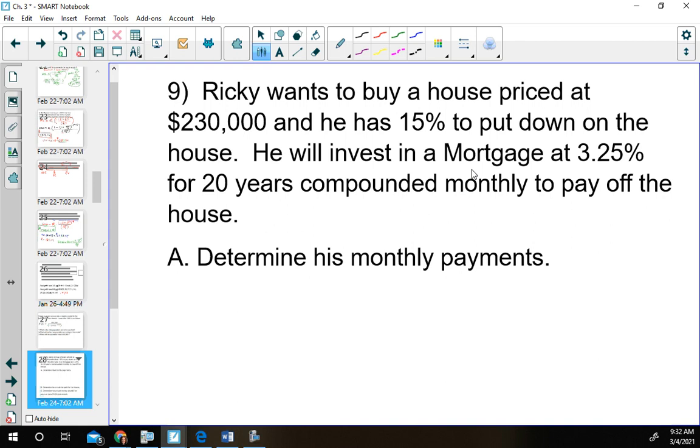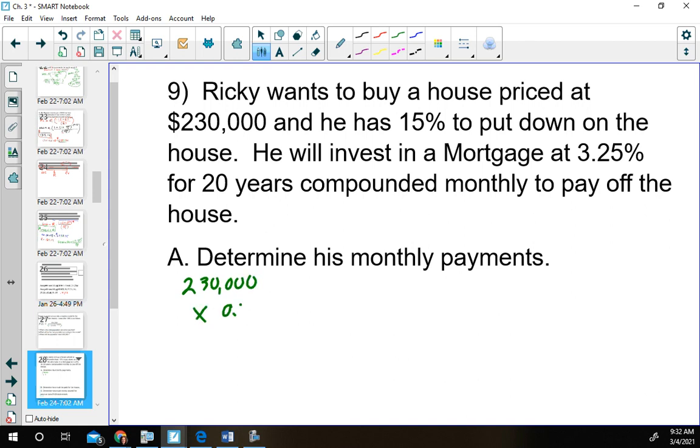Okay, so first off, I got to figure out, I'm going the loan route. Okay, so I didn't take a loan for $230,000 because I put 15% down. So first we got to figure out what is 15% down of 230,000 because I got to take that off. So 230,000.